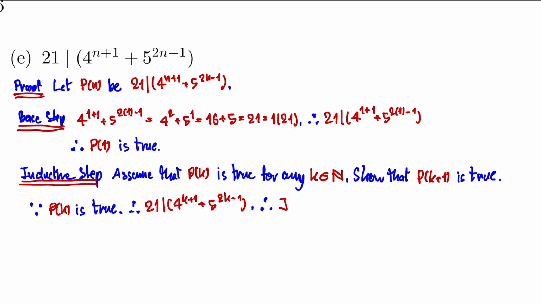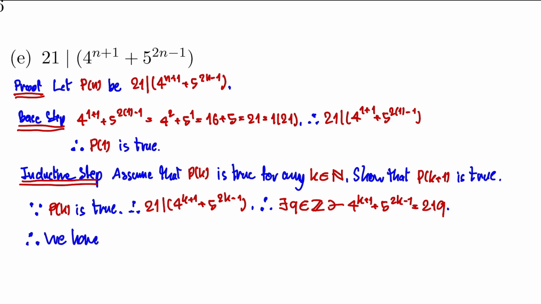We've got an integer q such that 4^(k+1) + 5^(2k-1) equals 21q.